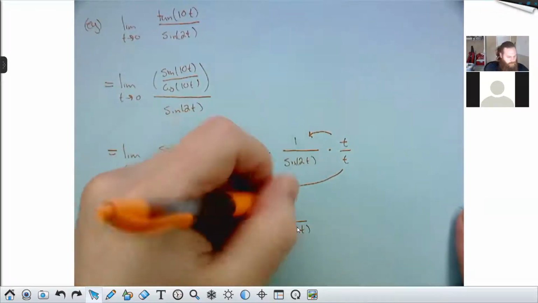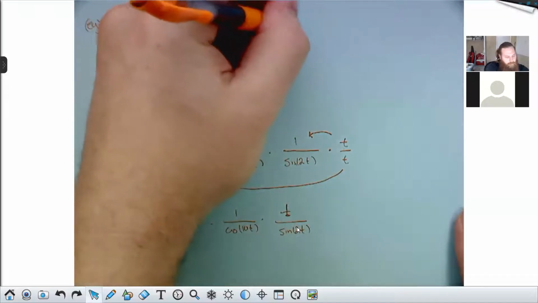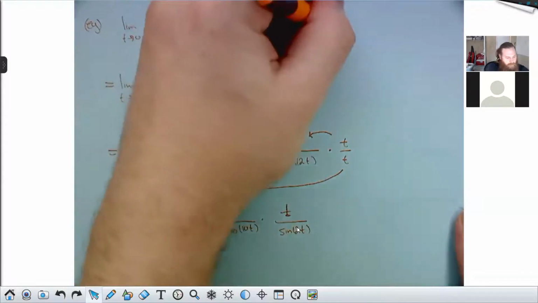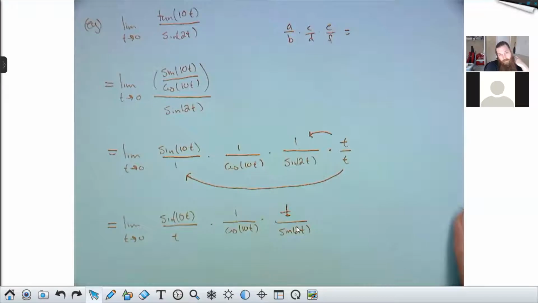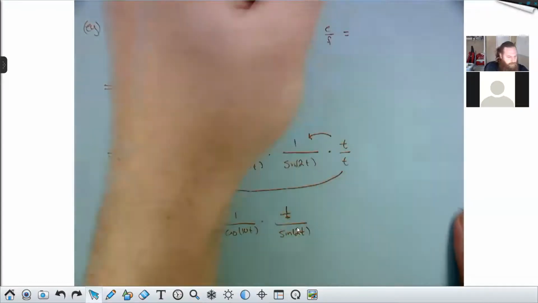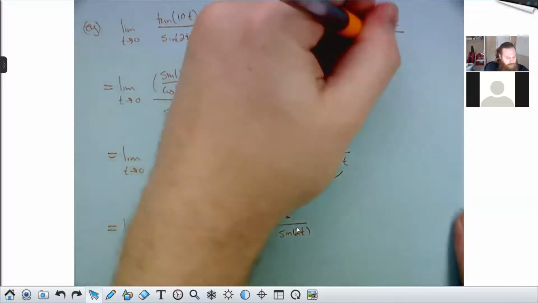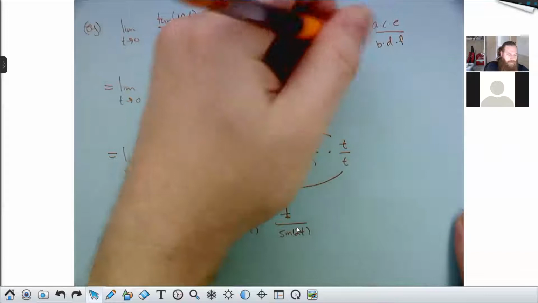How are you allowed to choose where they go? Well, it's just how fractions multiply, right? A over b times c over d times e over f. I can rearrange these pieces however I want, because this is really just a times c times e over b times d times f. So I can pull this apart and break it up however I want.